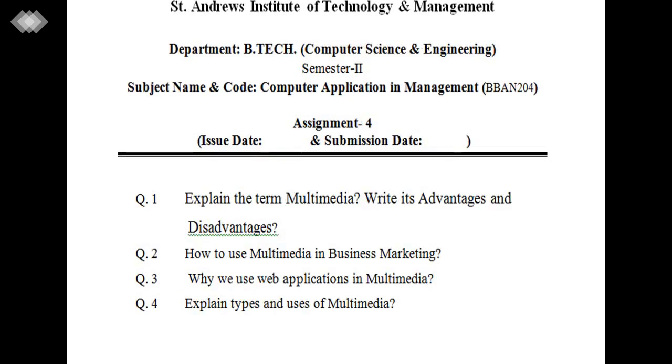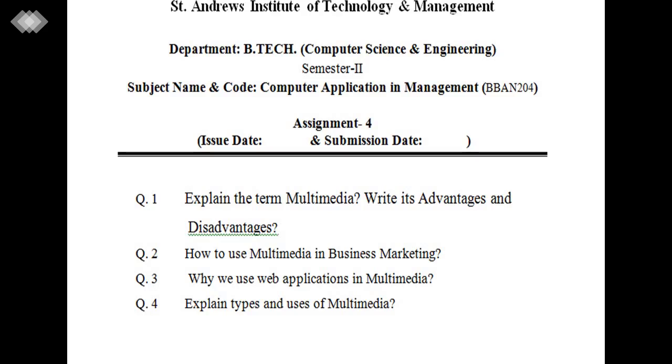Now next move to assignment 4, which is based on the last section of our syllabus, and the questions are: explain the term multimedia, write its advantages and disadvantages. Question number 2, how to use multimedia in business marketing. Question 3, why we use web applications in multimedia. And the last question is: explain types and uses of multimedia.